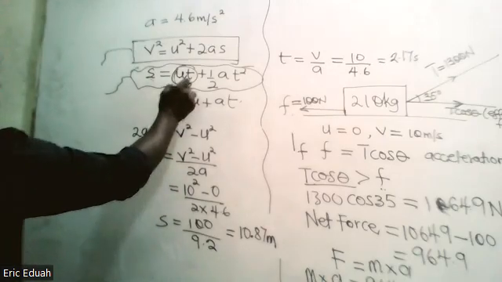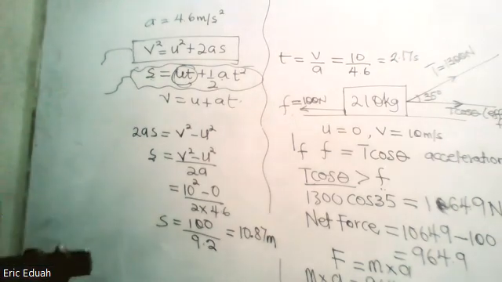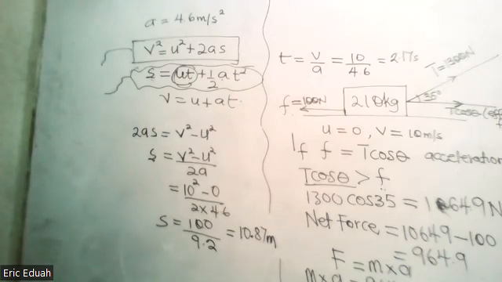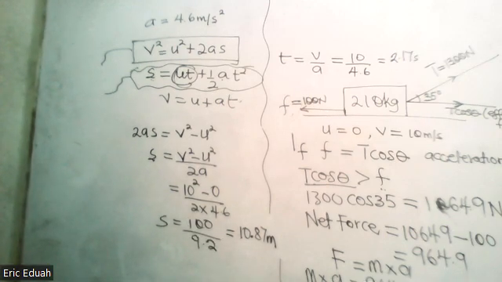You have a, we have t, and use that to calculate the distance. And you should get the same value, 10.87.